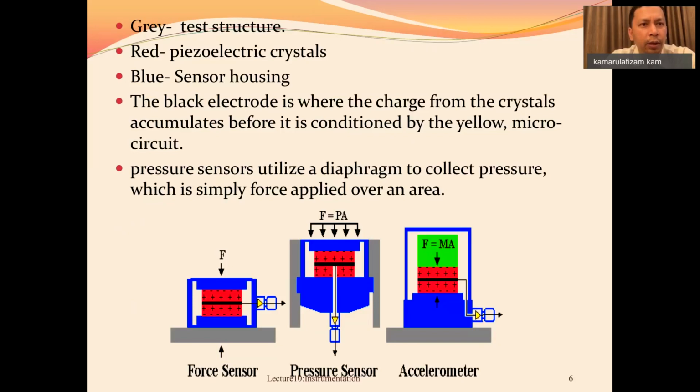In each of these cases, you will see that the red piezoelectric crystal is structured to receive some kind of compression, to receive pressure, or anything that can compress or decompress the red material.